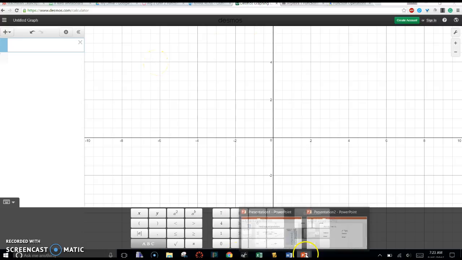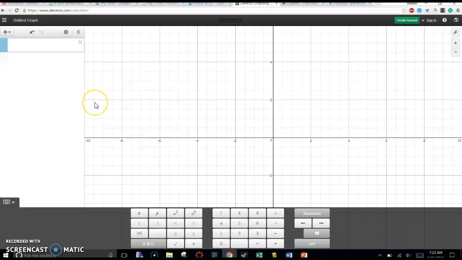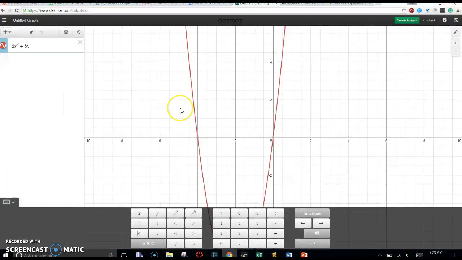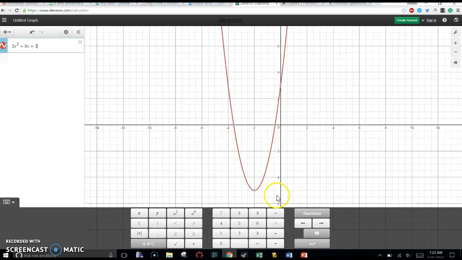Okay, and if I remember my function, it should be 2x squared plus 8x plus 3. So I'm going to zoom out a little bit so I can get a better idea. It looks like the bottommost point is (-2, -5), and it keeps going up in the x direction forever.